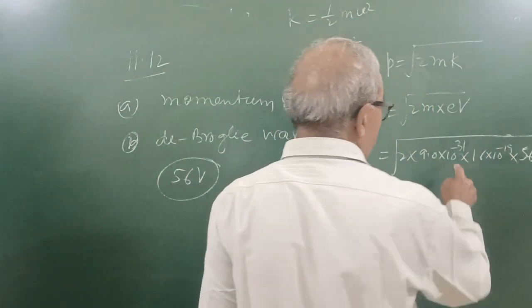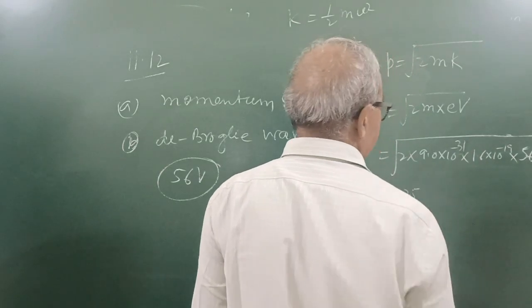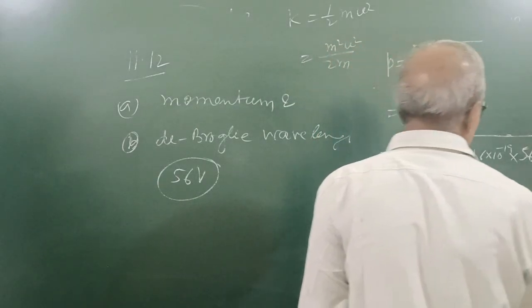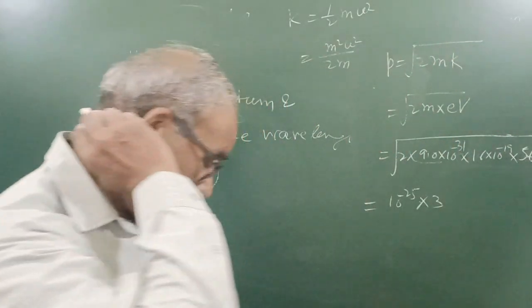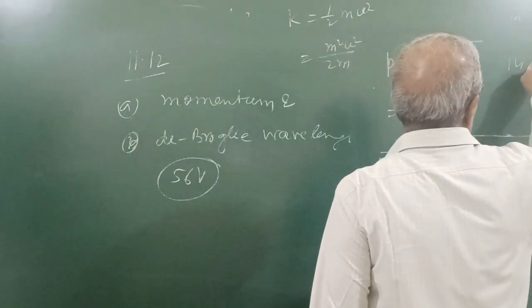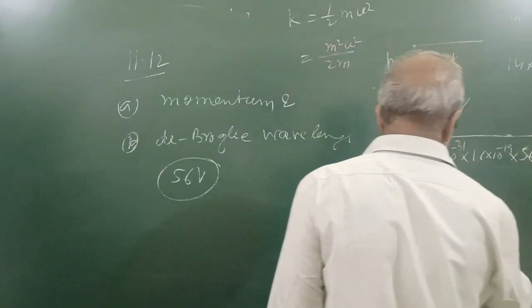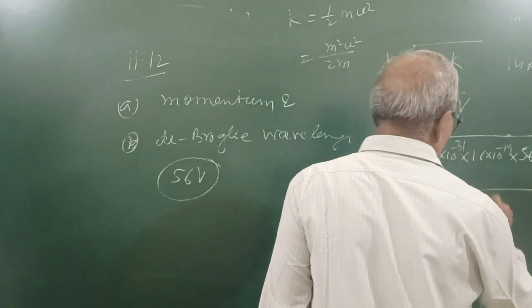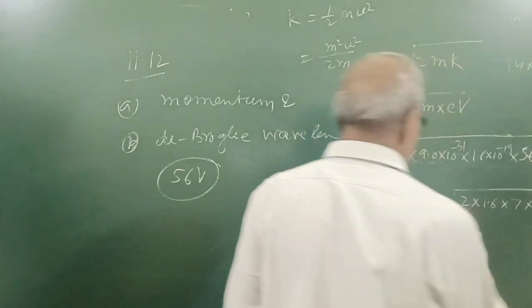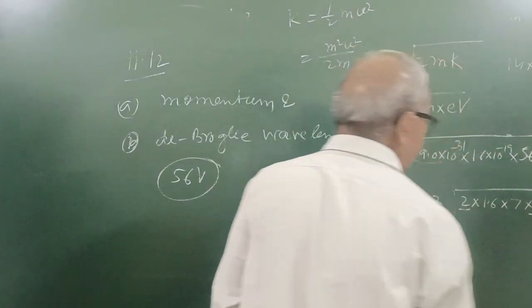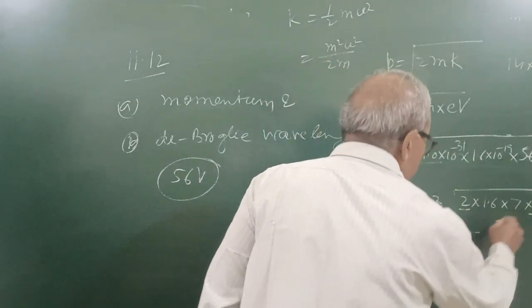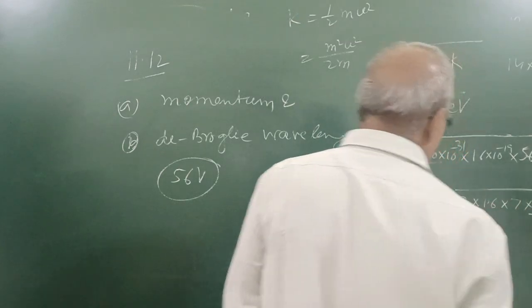So it is 10^-50 times square root of 2 × 1.6 × 56. 8 × 7 is 56, 8 × 16... so 16 × 7, which is under root 11.2 × 10^-25.